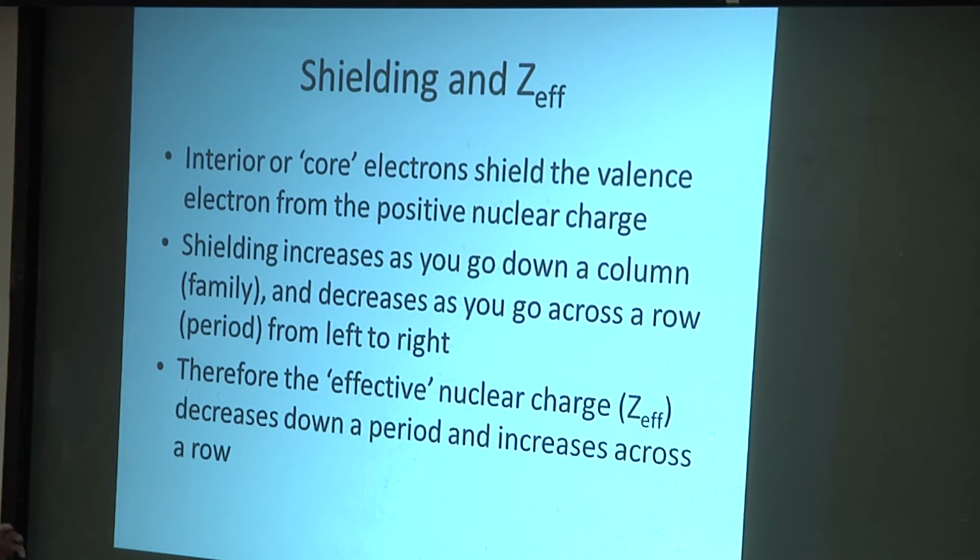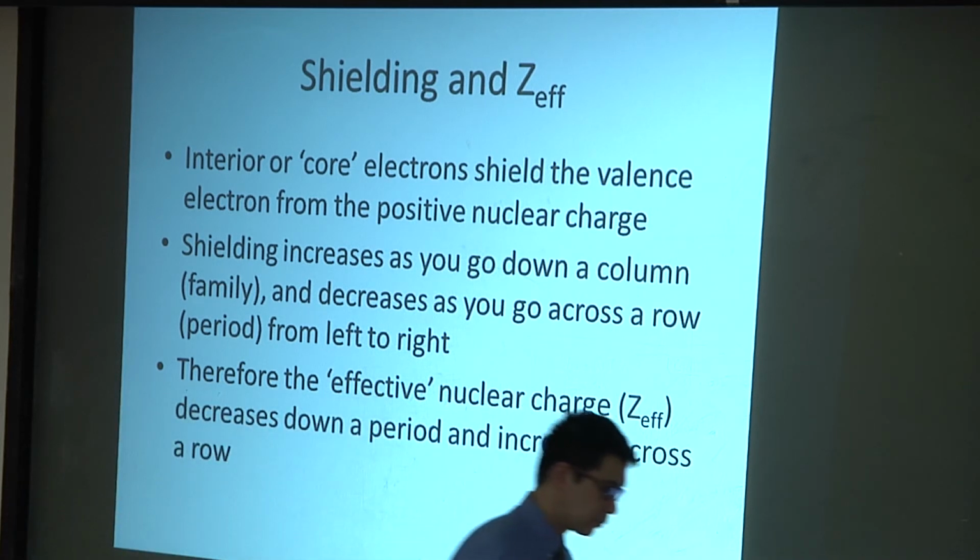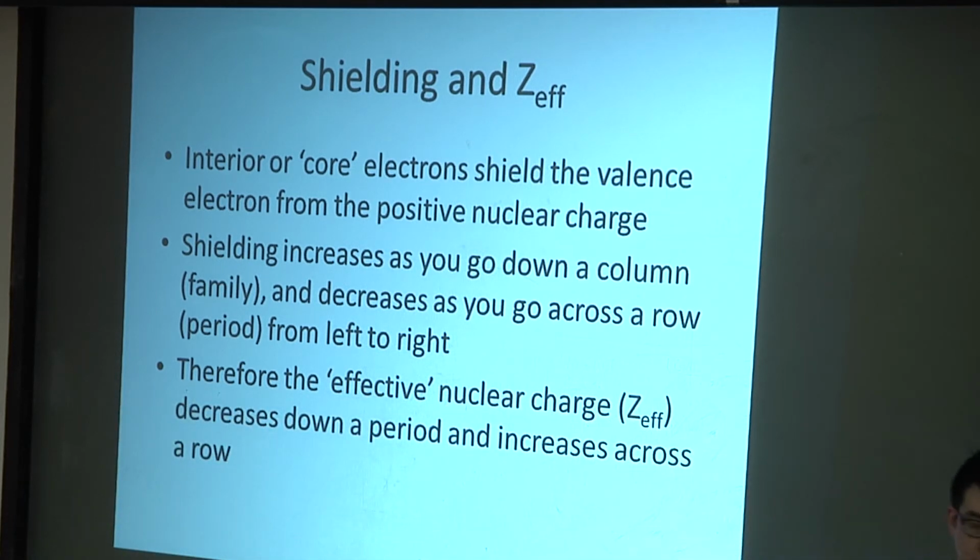The interior or core electrons shield the valence electrons from the nuclear charge. All the electrons that aren't valence electrons are between the valence electrons and the nucleus.